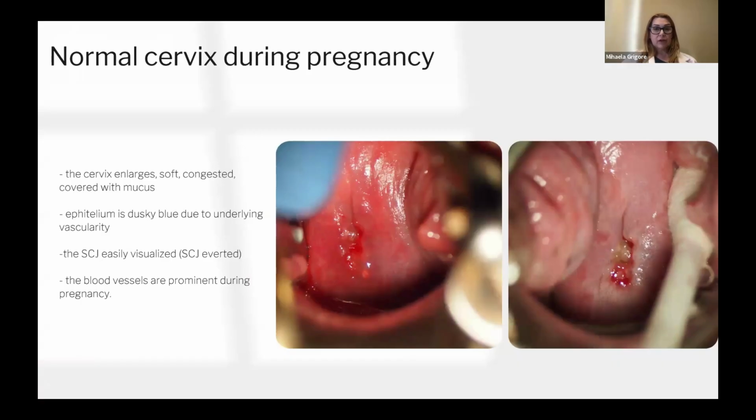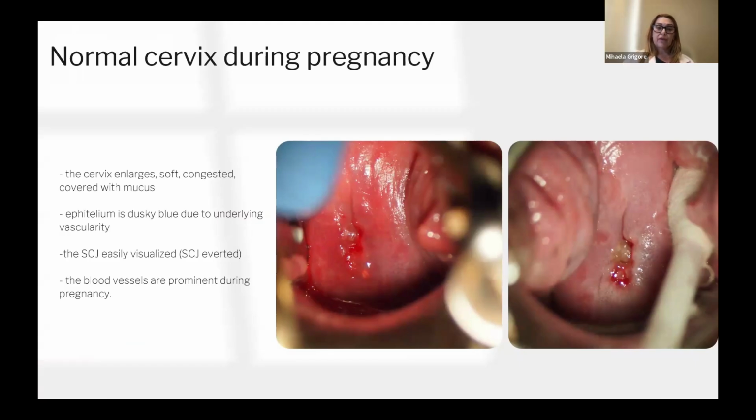I would like also to mention that during pregnancy, we have some specific aspects. In this period, the cervix is large, soft, congested, and covered with mucus. So the colposcopic examination could sometimes be a little bit difficult.